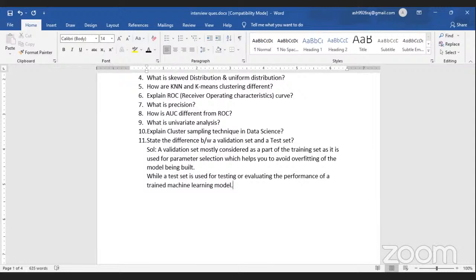So a test set is used for testing or evaluating the performance of a trained machine learning model. So this is the difference between a validation set and a test set.